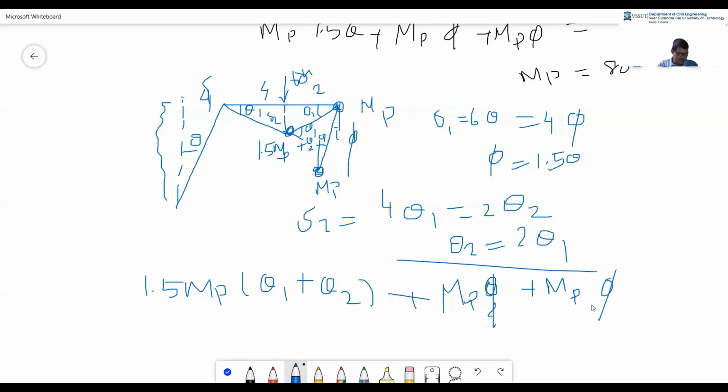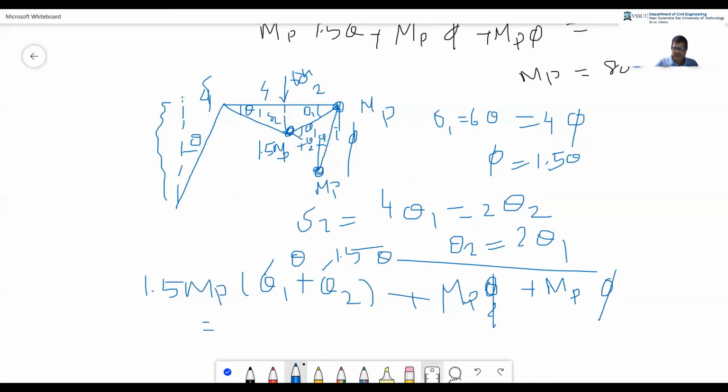So we will take all values in terms of theta. You can put them in place of theta. Now all will be found in terms of theta. If theta 1 is theta and theta 2 is equal to 2 theta 1, then theta 2 is 2 theta, and this is 1.5 theta, and this is also 1.5 theta.